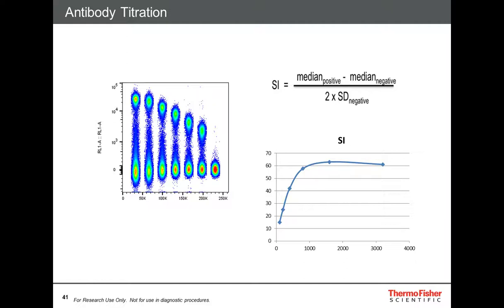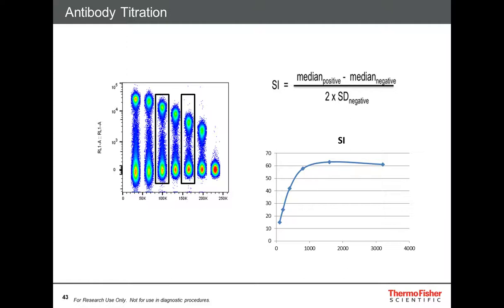And when I was new to flow, I would have said, well, I would look at this and pick one of the higher concentrations of antibody where that stain index flattens out, because I want to be at saturation, which might be the concentration here. But then now I've learned that you can use a concentration here. There's a difference between a saturating titer and a staining titer.